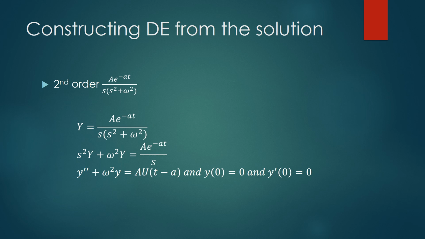A harder example is to find the second order differential equation for a e to the power of negative at over s times (s squared plus omega squared). So we set it up: y equals a e to the power of negative at over s times (s squared plus omega squared).